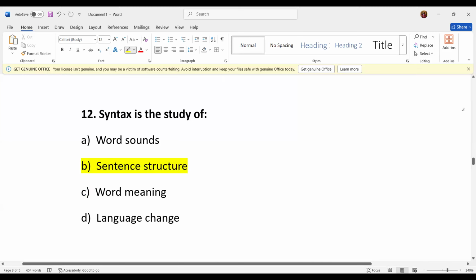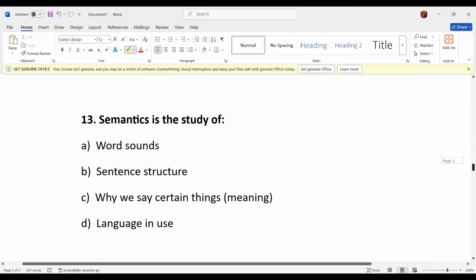B. Okay, semantics is the study of. Yeah, very quickly you are answering. Why we say certain things. That means meaning. Correct.